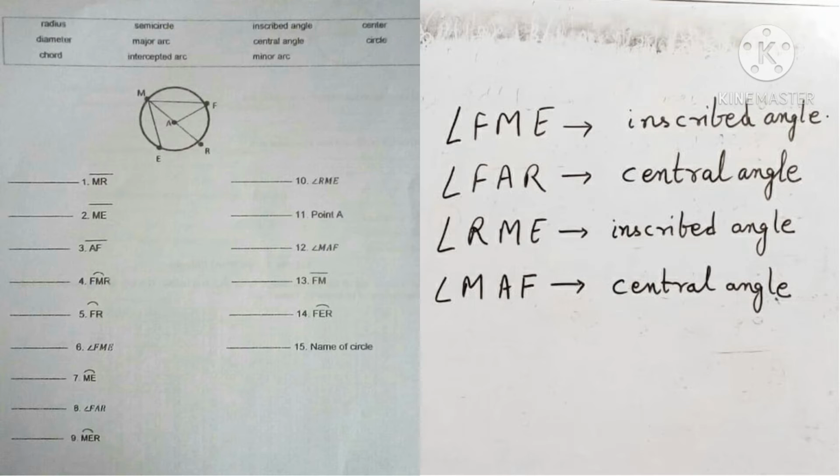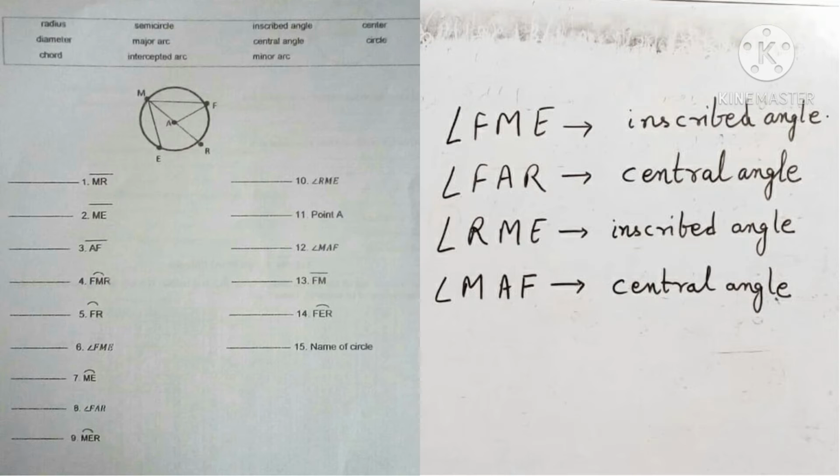The point F lies on the circle, point R lies on the circle, but point A is the center of the circle. So if we join all the 3 points FAR, this is an angle made in the circle at the center of the circle. So angle FAR is termed a central angle.